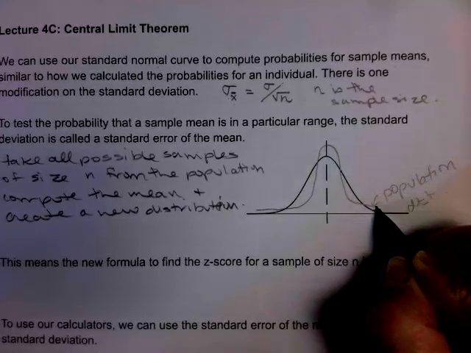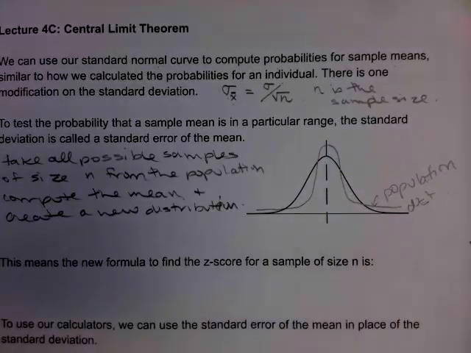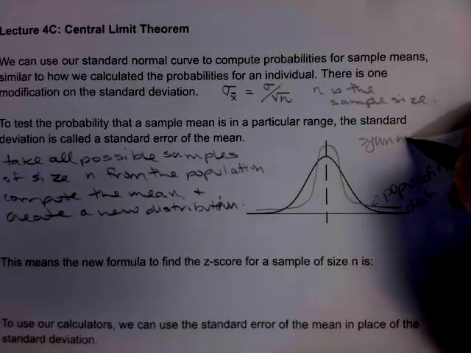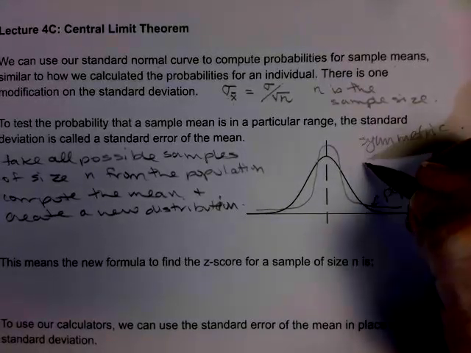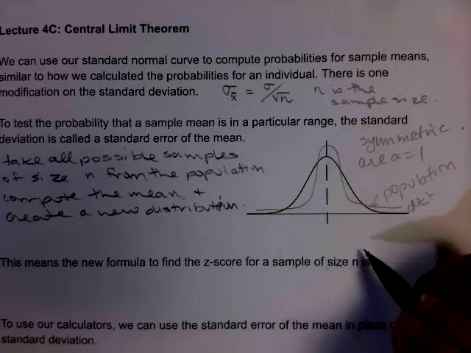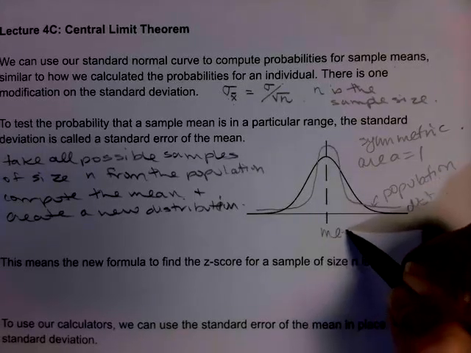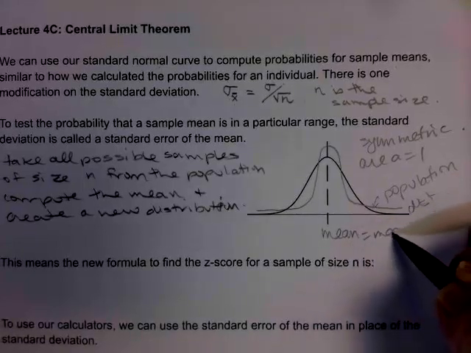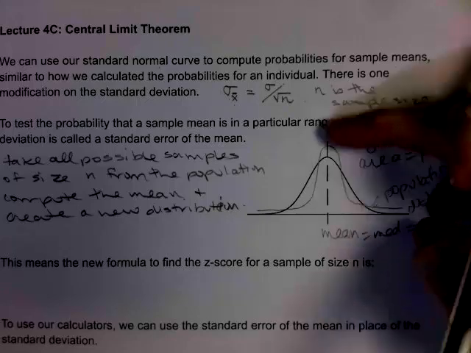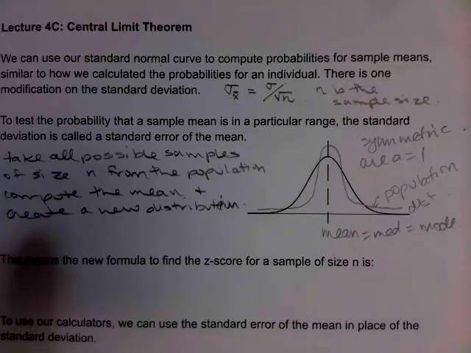So it's still symmetric, still has a total area of 1. Mean, median, mode still in the middle. But it's just a little bit of a different shape.